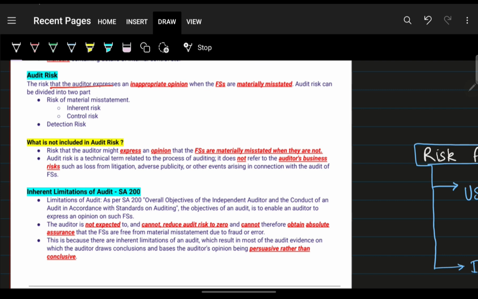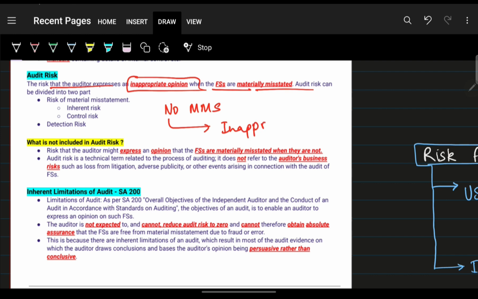The risk that the auditor expresses an inappropriate opinion when the financial statements are materially misstated, right? Can the opposite of this be true, where there is no material misstatement but the auditor gives an inappropriate opinion?